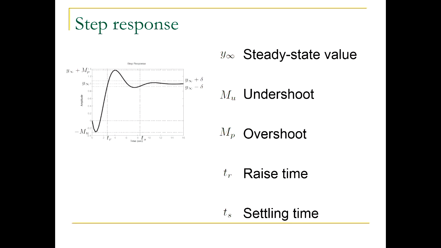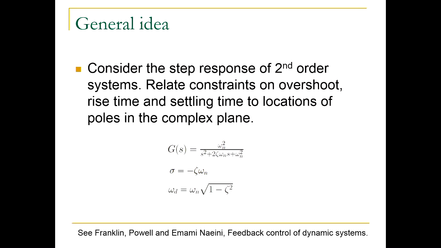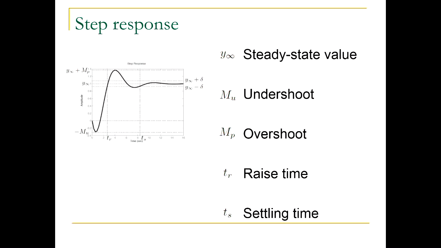So I remind you that the step response typically would look something like this for a stable system. And in this case, I actually plotted a step response slightly more general than the step response for this guy. So the step response for this guy, for instance, will never exhibit undershoot. But for this lecture later on, when we talk about fundamental limits, it's useful to remind ourselves what undershoot is.